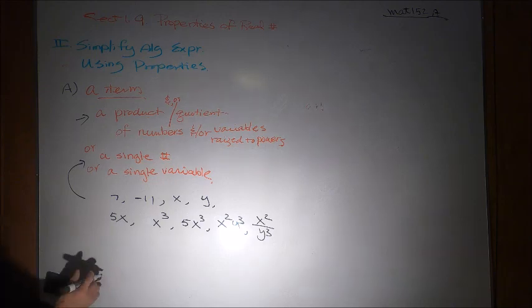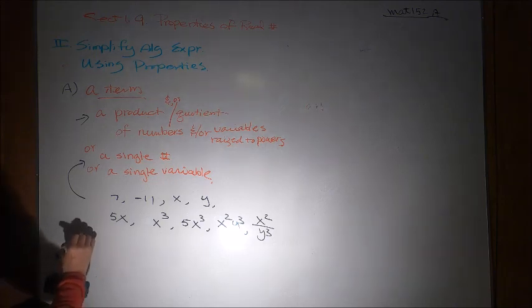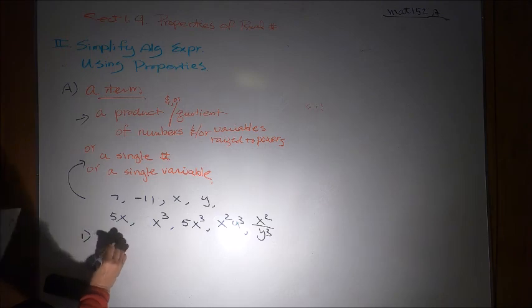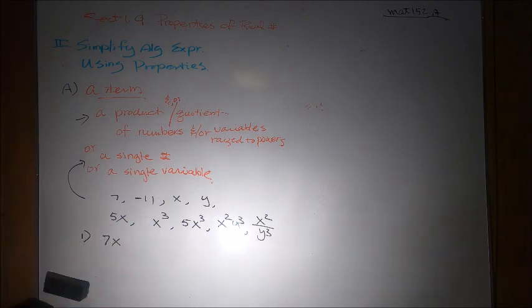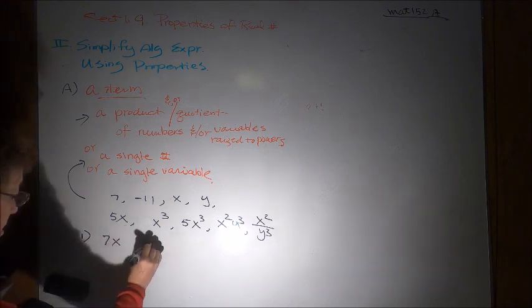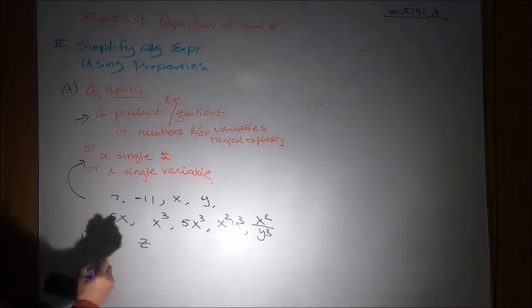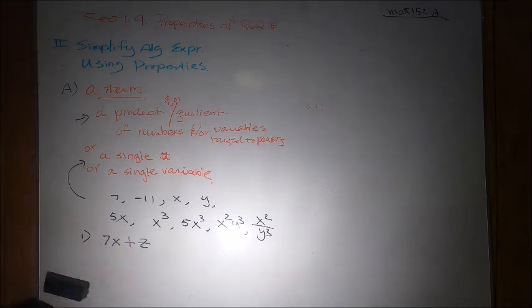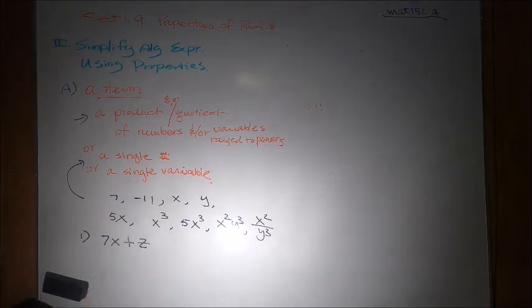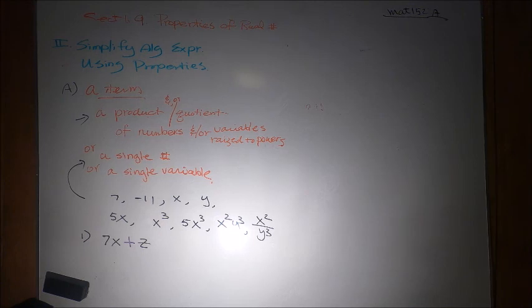Take a look. If I have 7x, how many terms I have? 1, right? If I have z, how many terms I have? 1, right? So if I add them together, what do you think? That would be 2 of them, 2 terms, right?